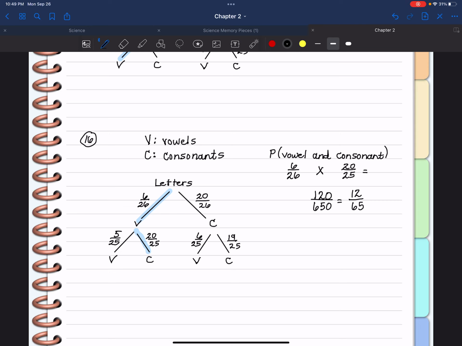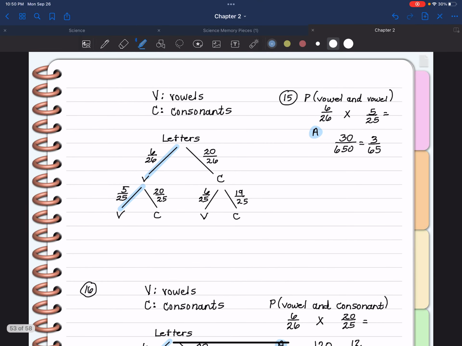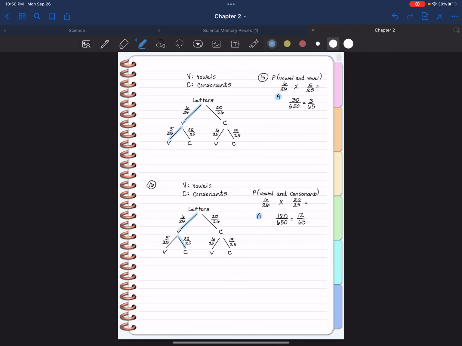It is. So I like answer A on this one. Let me check these just to be sure. 15 is A, 16 is A. And that is the end of the exercises.